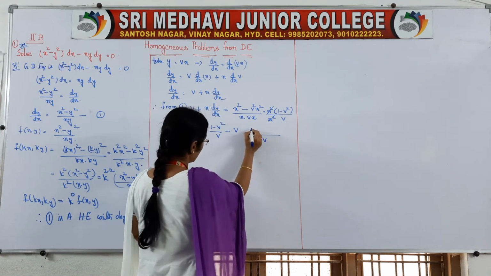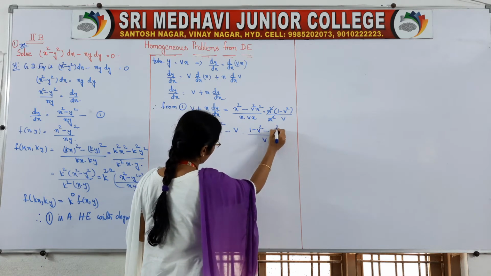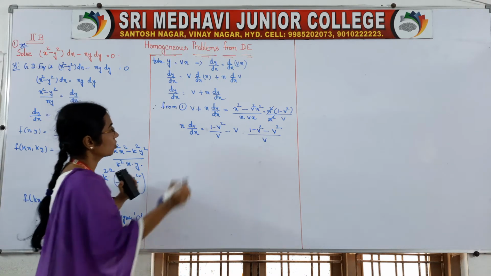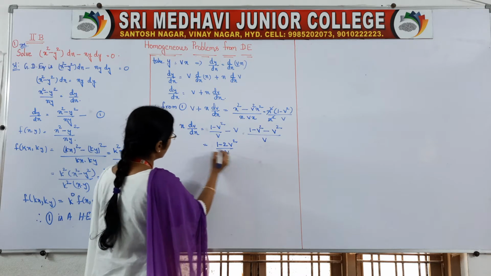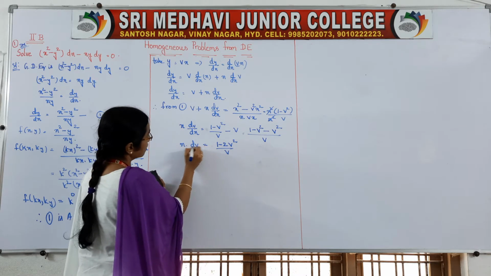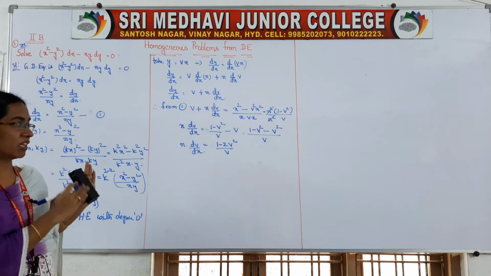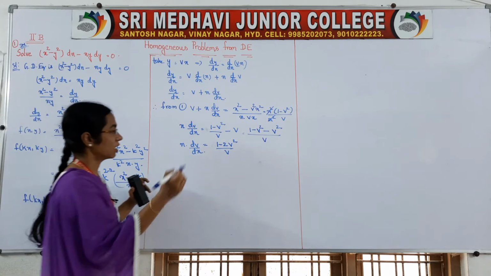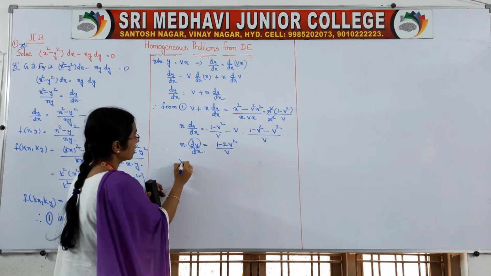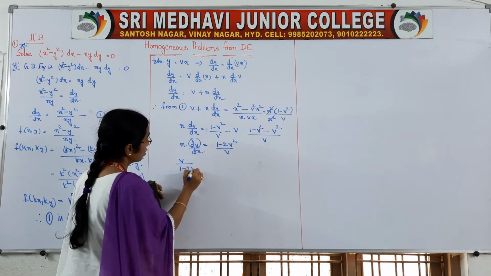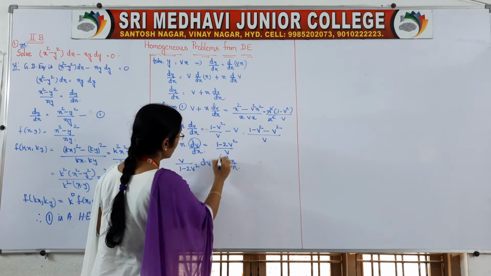LCM is v, so (1 − v² − v·v)/v, which is (1 − 2v²)/v. So x dv/dx = (1 − 2v²)/v. Now v terms into dv, x terms into dx, bringing all the v terms to this side: v/(1 − 2v²) dv = dx/x.